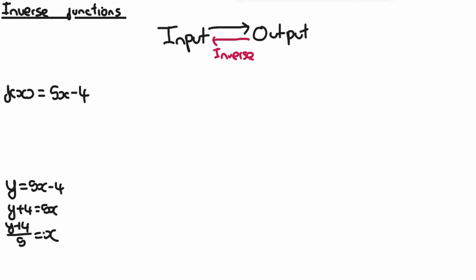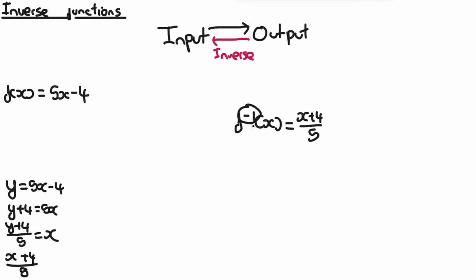And then finally, you just replace the y here with an x, and you ignore this side here. So this would become x plus 4 over 5. And this is the inverse. f minus 1 of x is equal to this, x plus 4 over 5.